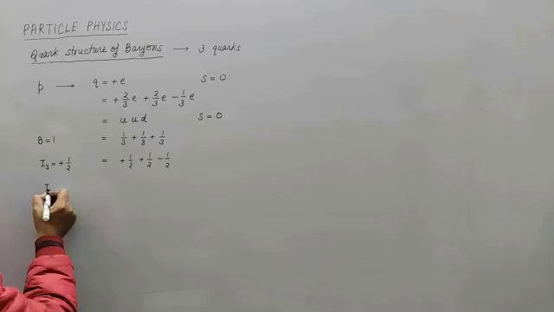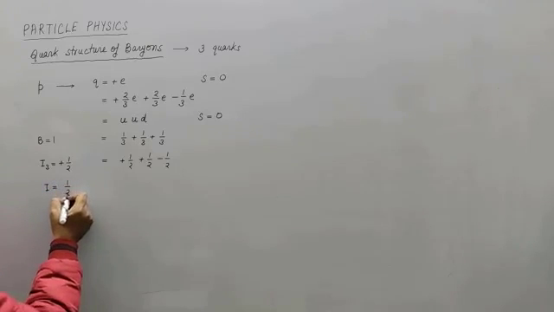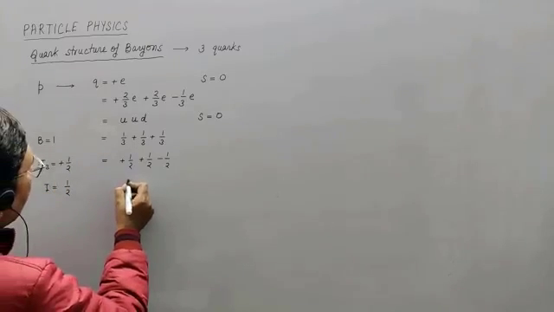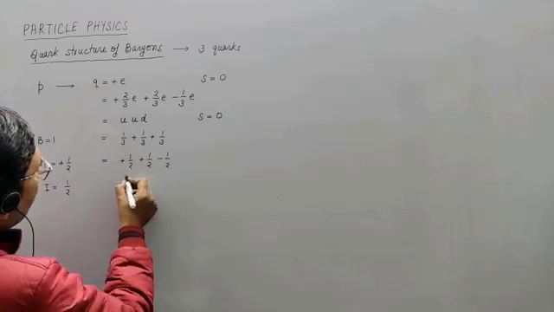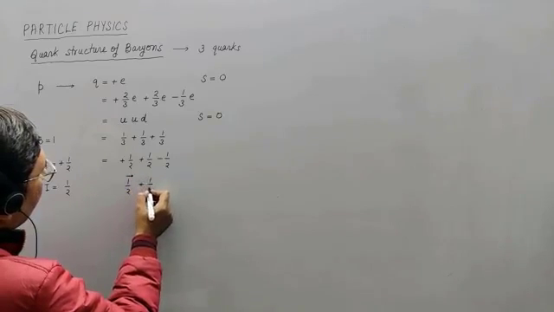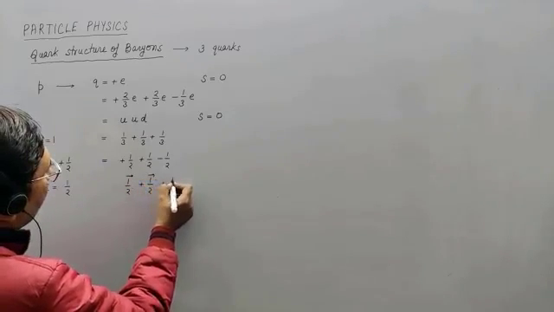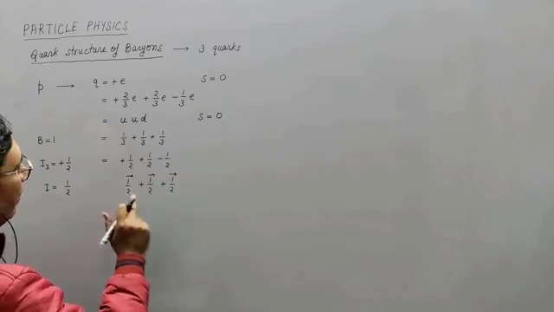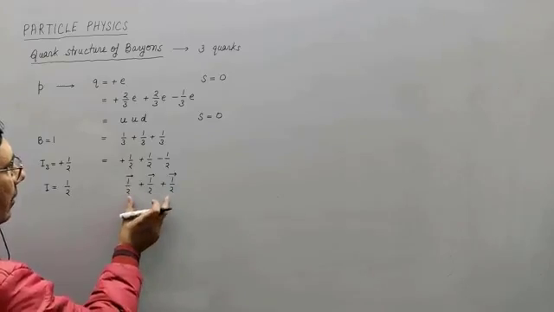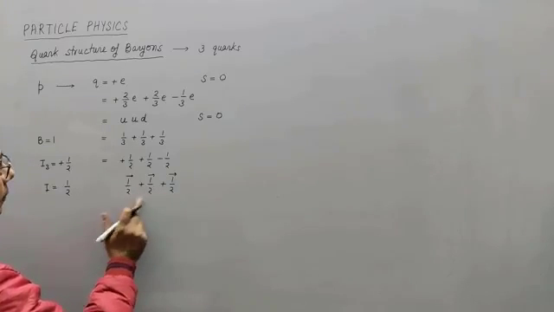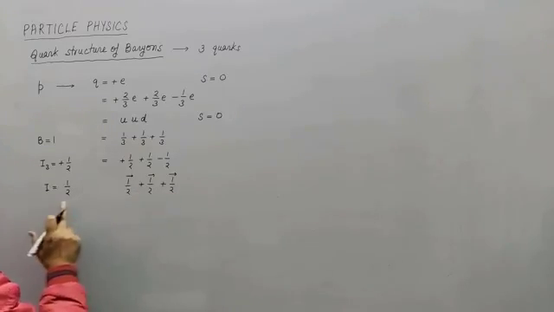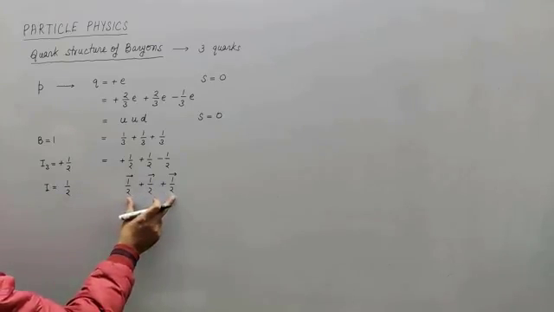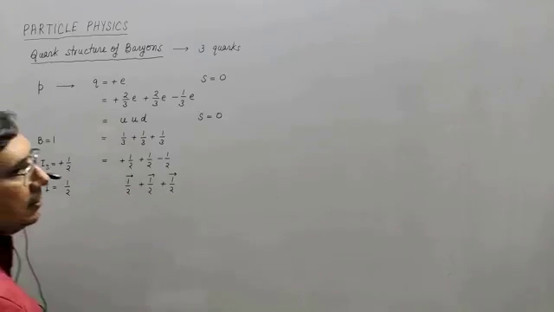T3 is also conserved. If you talk about I, here I is equal to half, and here I is equal to 1 by 2. This will be 1 by 2. This is 1 by 2. So three isospins of half, half and half are combined. If you find out the resultant of this, the difference between the resultant of this and this will be an integer number.